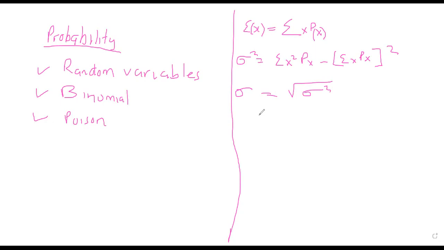So we're going to look at one example where we're given a function of X with the probabilities for the values of X, that is 1, 2, 3, 4, and 5.